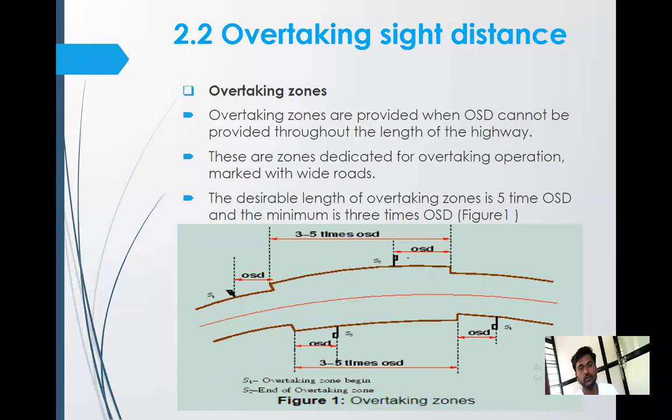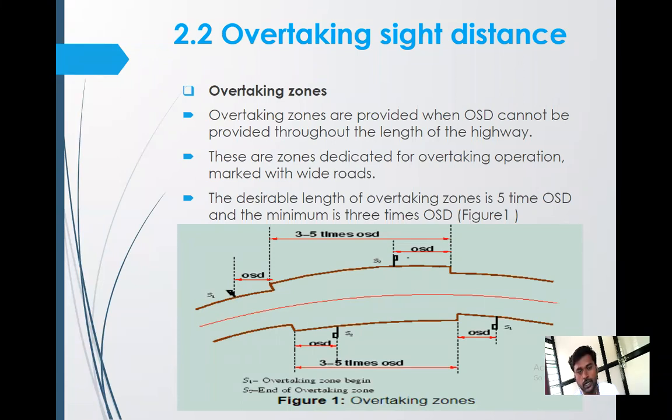Next line, write down overtaking zone. This is very important. Minimum overtaking zone is equal to 3 into OSD.